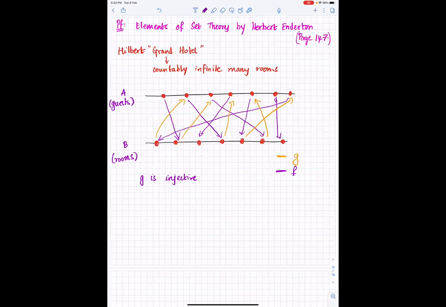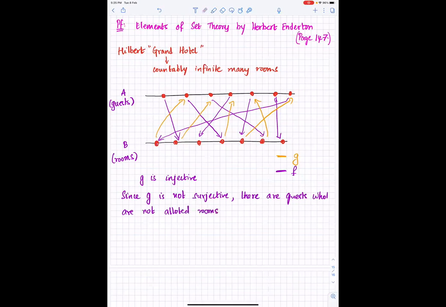So we can assume, to begin with, that both f and g are not surjective. Okay? So because g is not surjective, we know that there are guests not allotted rooms by the function g. Right?